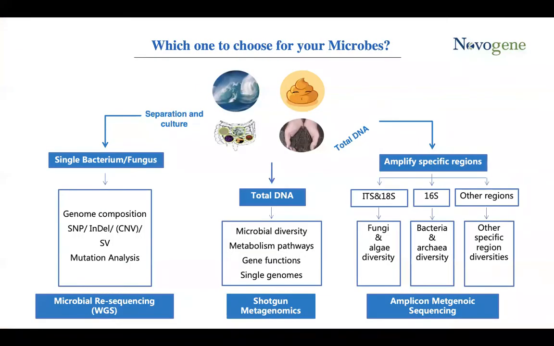Okay, here we have three options for the microbial sequencing. And apart from the Amplicon Metagenomics, we can also do shotgun metagenomics, and resequencing, depending on the research purpose of your project.